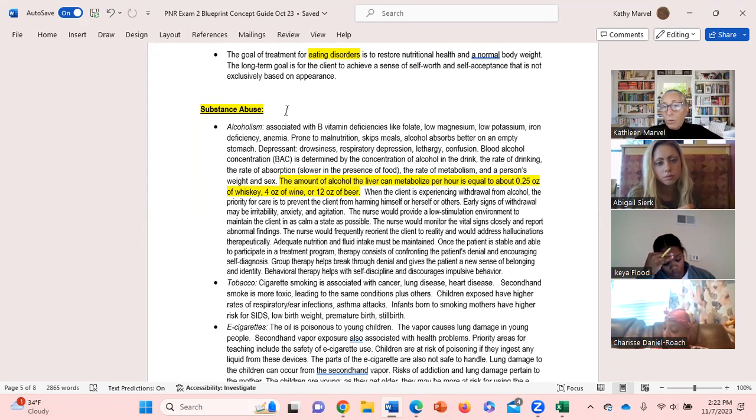What do you do? Let's take tobacco. What do you do with a family whose kids have asthma and it's a smoking household? What are you going to do with the family to try and move that towards a non-smoking household? What kinds of specific teaching and education are you going to need to do?